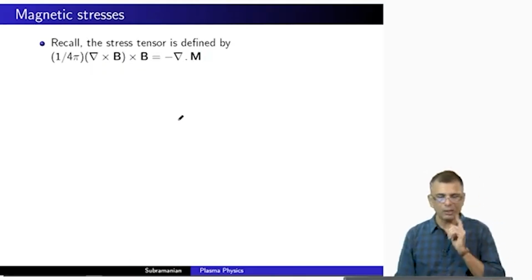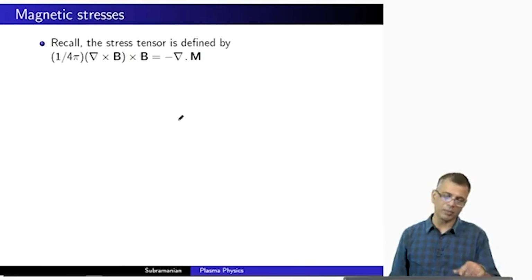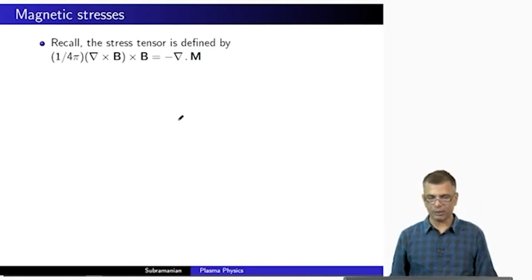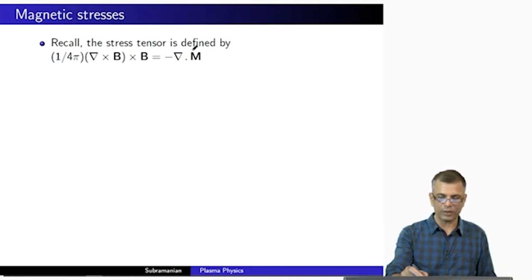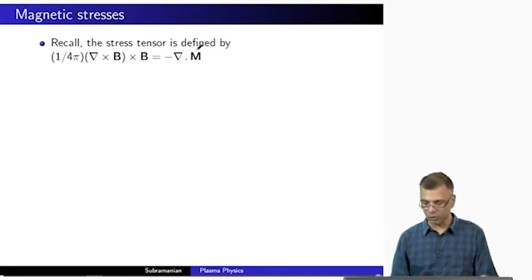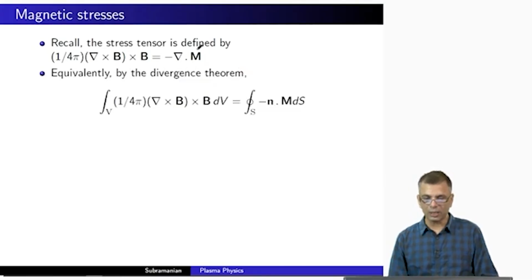Recall the magnetic stress tensor is defined by this, where the fact that I've denoted M in boldface means that M is a tensor.